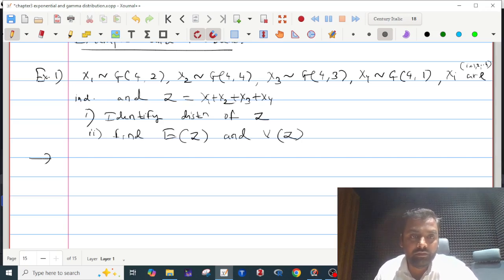So if you observe each xi, x1, x2, x3, x4, the alpha is fixed, lambda varies. So you can apply the additive property.